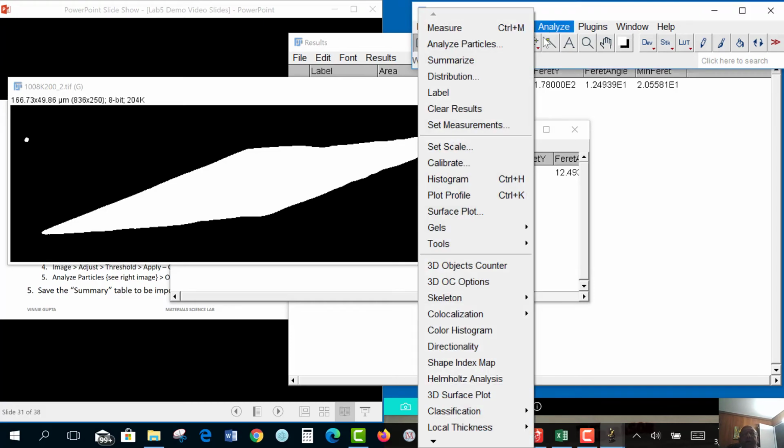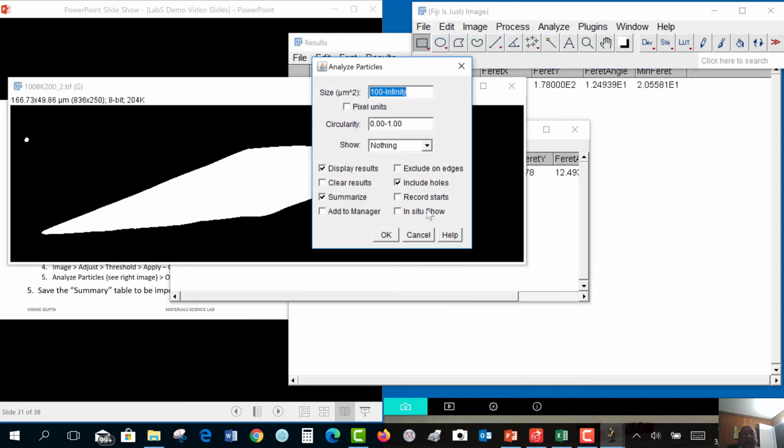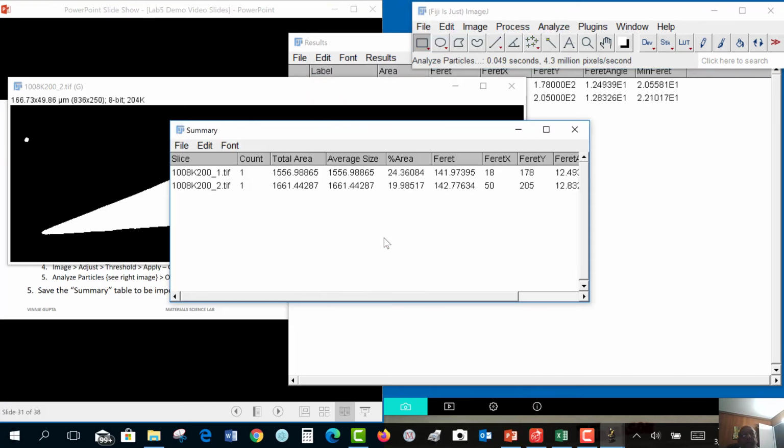And now we are going to measure it. So we get another measure. This way we are going to go 1, 2, 3, 4, 5, 6 for 1008, and then 1023, and then W1, and we will get our summary sheet. This we are going to save, and we are going to transfer it to Excel.